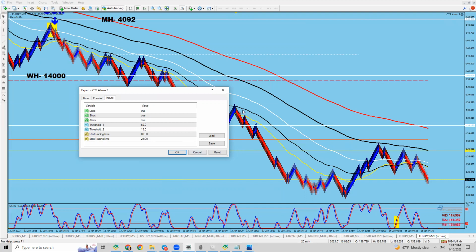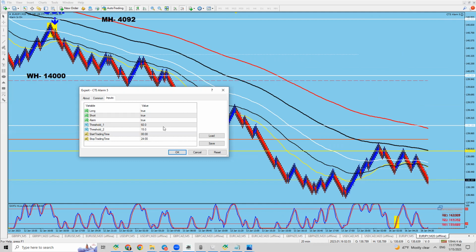And if the yellow line is so close to the red line, less than 15 pip or 20 pip, sometimes I use 15 on some pairs, 20 on others, that means it's ranging. If it's ranging, I don't want to be notified that there's a setup, even if there is one. So that's a threshold. You can set up the alarm.